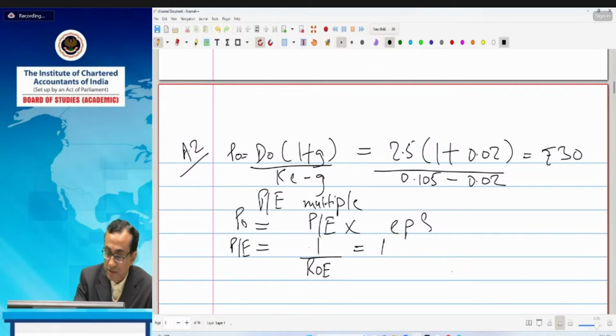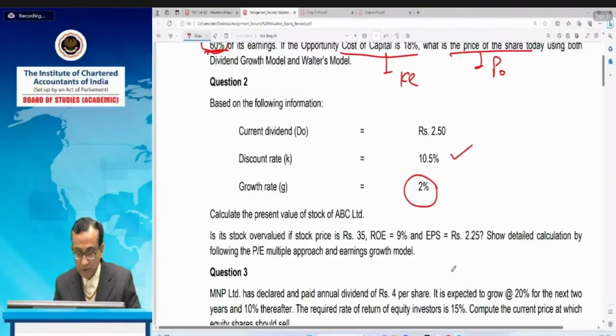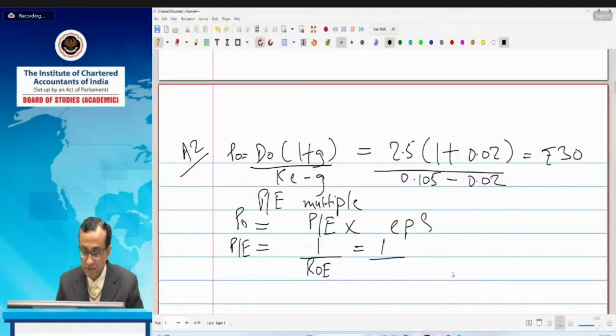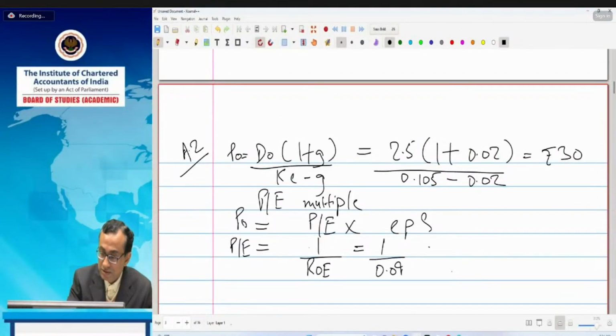ROE is taken as 9%. So 1 upon 0.09 will be 11.11. So it will be P0 equal to 11.11 into EPS.